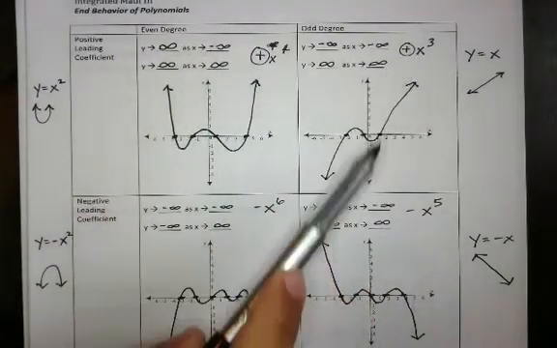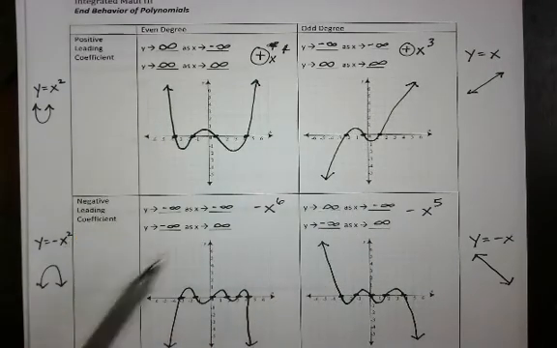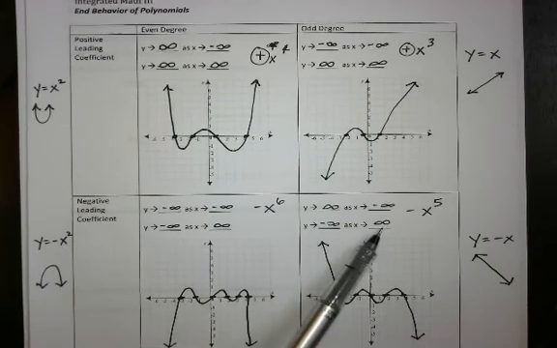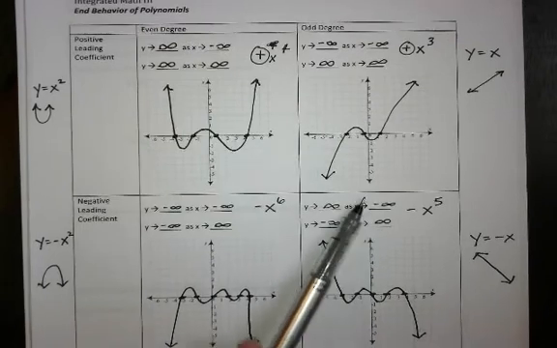Very good. You should notice that the behaviors of x are always the same. The behaviors of x never change.